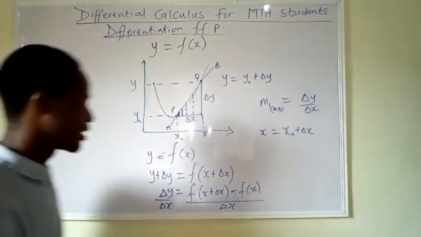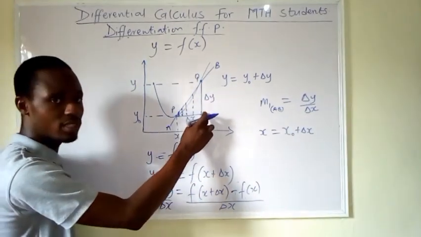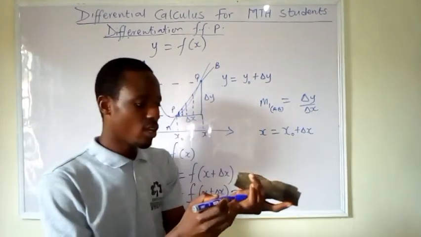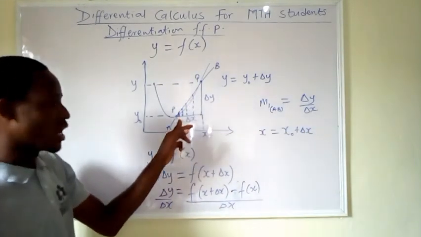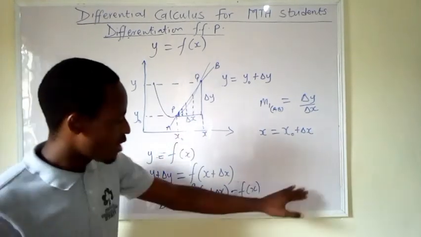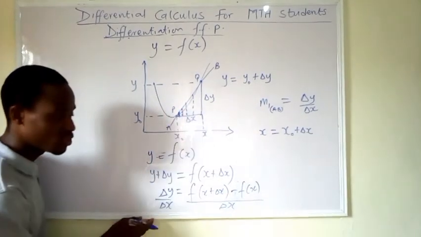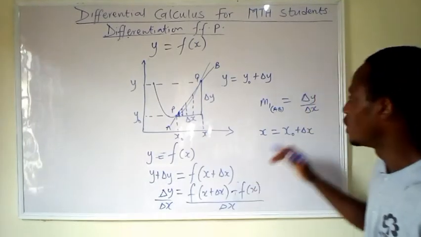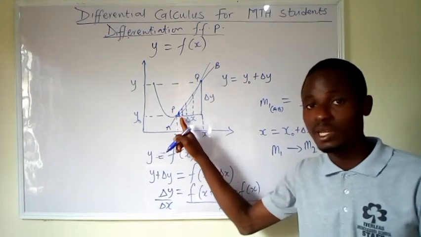Don't forget that once there is a change affecting y, it must affect x, just like we have here. As it goes, the gradient m1 begins to move closer as change in x tends to 0. So what I have here equals m1. The new gradient at this point where change in x tends to 0 will be the derivative of the function, because m1 tends to m2, which is the new gradient at this limit.